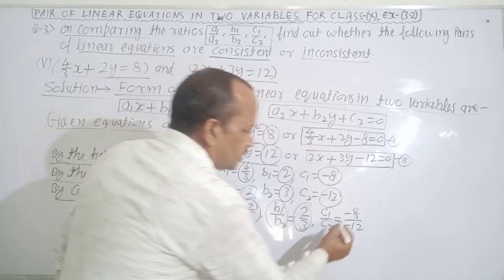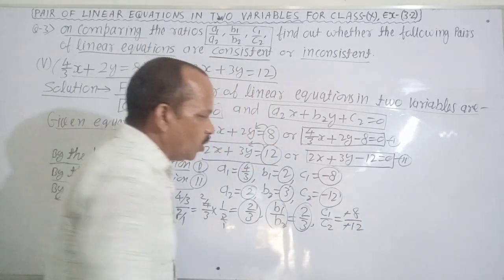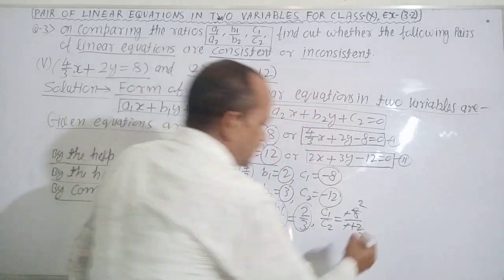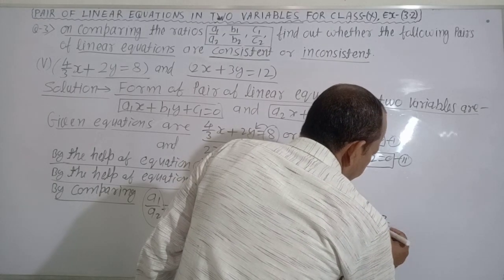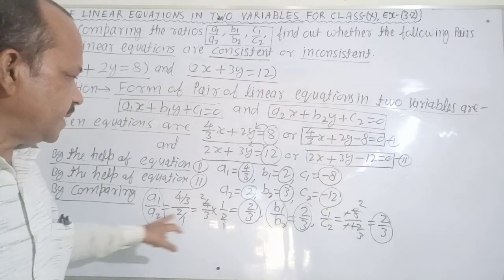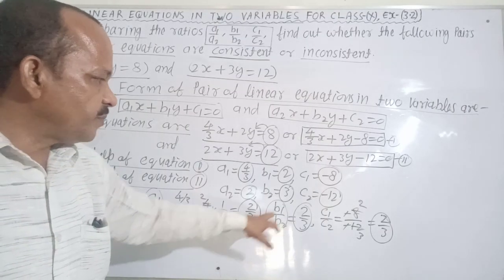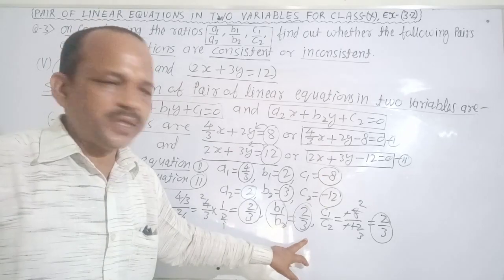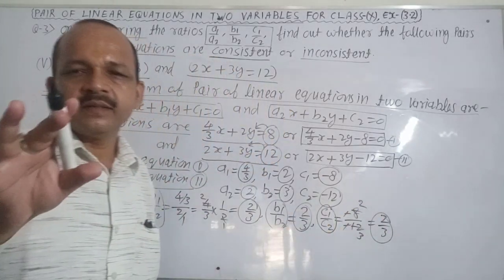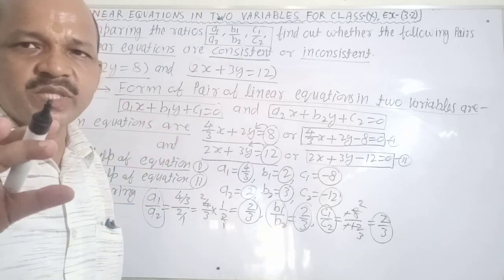You can cut minus and minus. 4 twos are 8, 4 threes are 12. It becomes 2 by 3. You find a1 by a2 equal to 2 by 3, b1 by b2 equal to 2 by 3, c1 by c2 equal to 2 by 3. It is clear? No confusion about it?